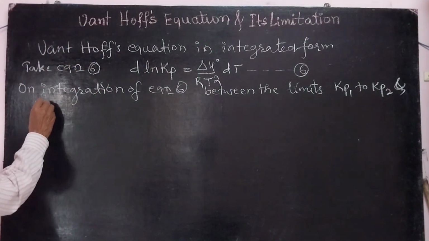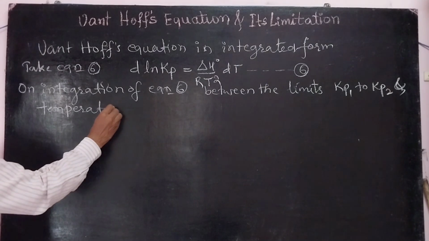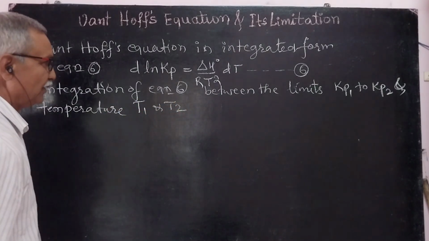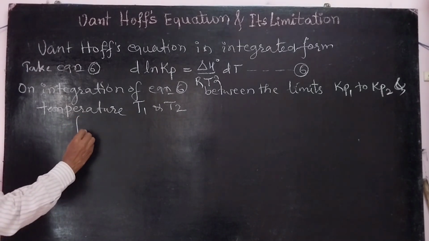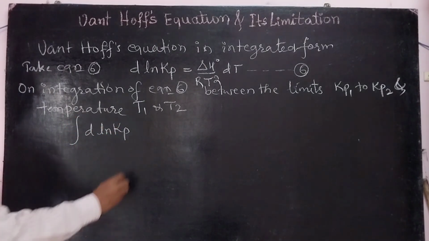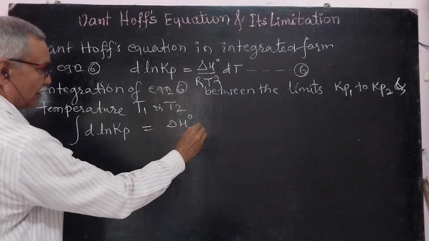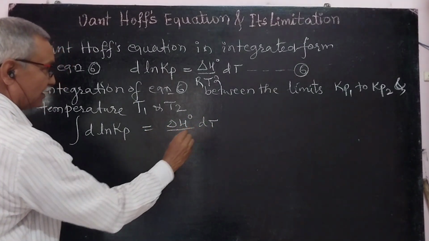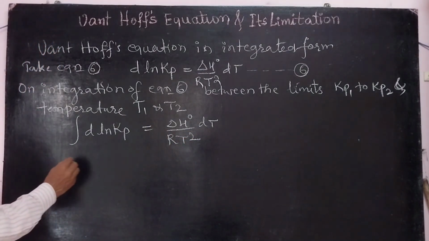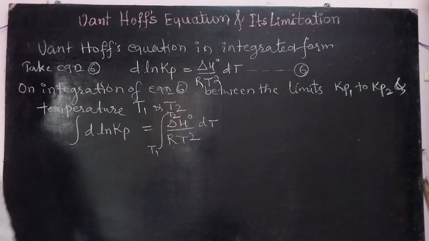and temperature T1 to T2, we get integration of d ln Kp is equal to delta H naught into dT divided by R T square, integration from T1 to T2.